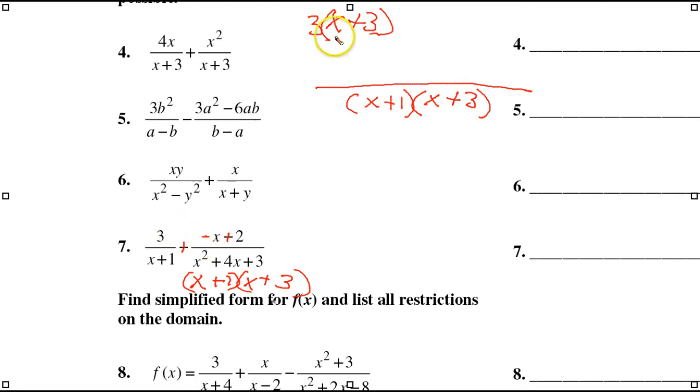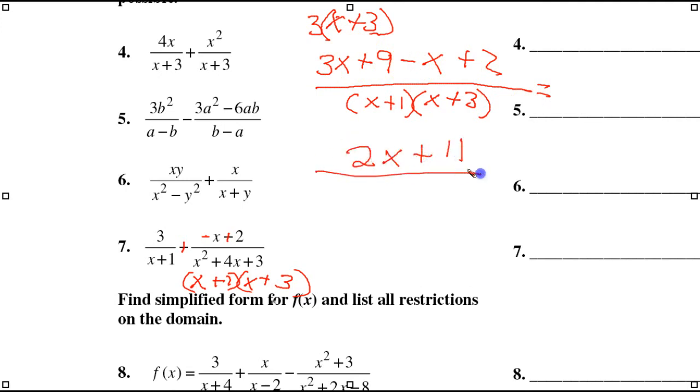So it's easier to deal with. So this becomes 3x plus 9. And then we said we had a negative x and a plus 2 there. Okay, so then we are going to group like terms. And I can do it right over here. We get 2x plus 11 all over that. Okay?